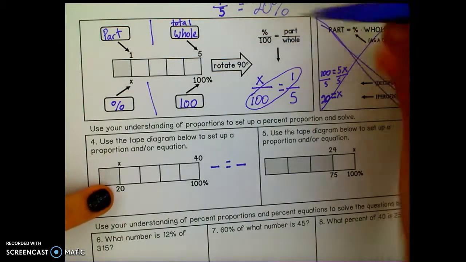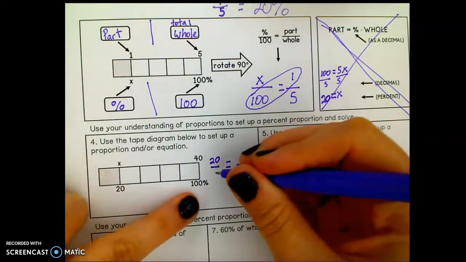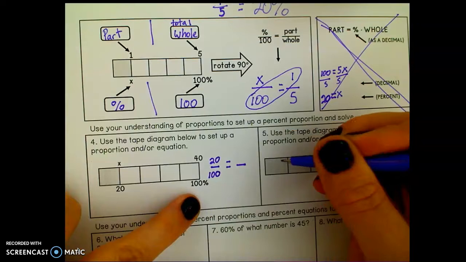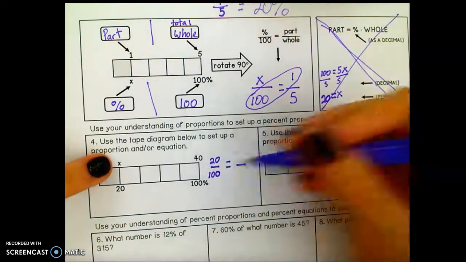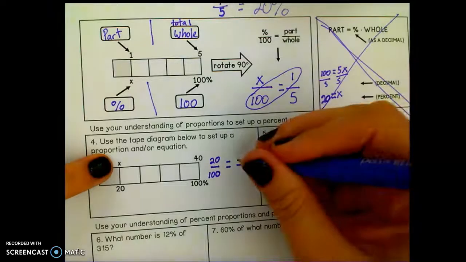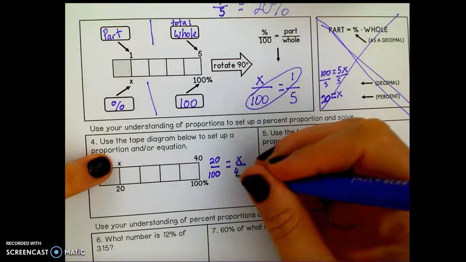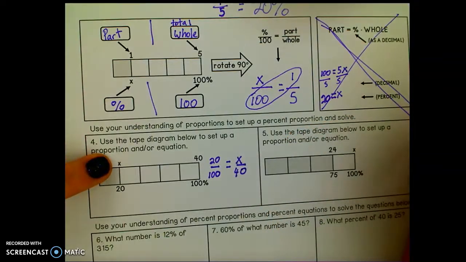Yes, we do. It says it's 20. So that goes there. Do we know the total percentage? Yes, it's always 100. Now, part of the numbers. Do I know what goes here? No. So that's an x. And it's out of 40. All right, it's all set up.